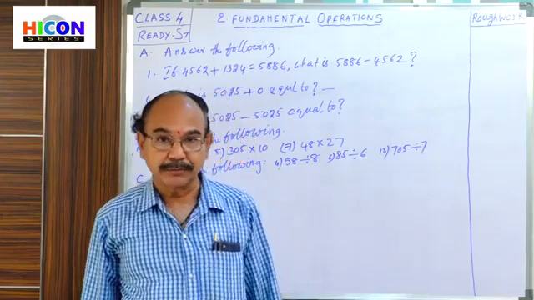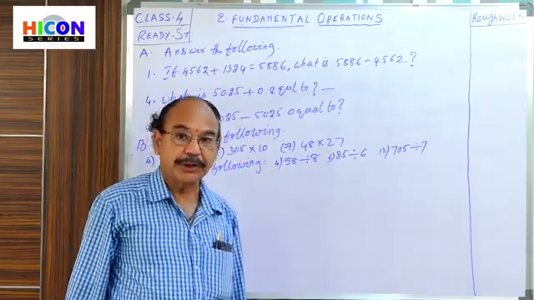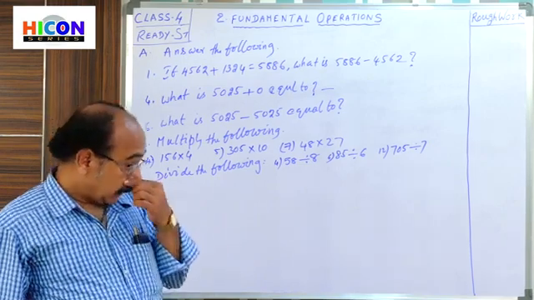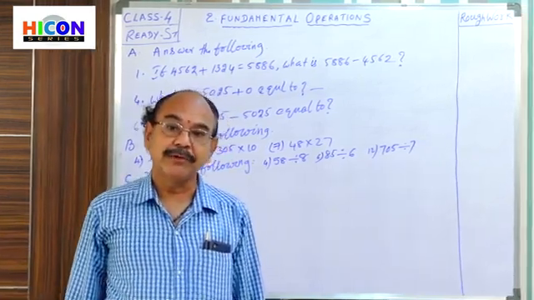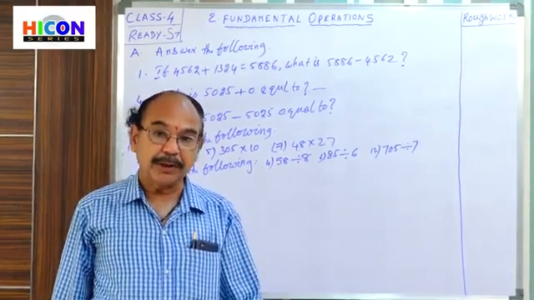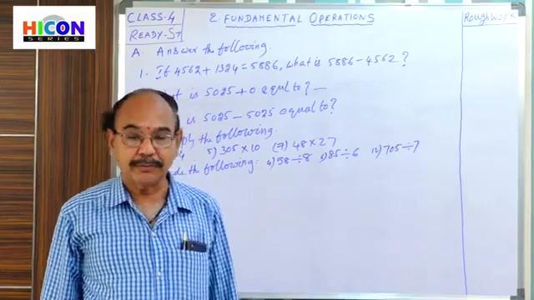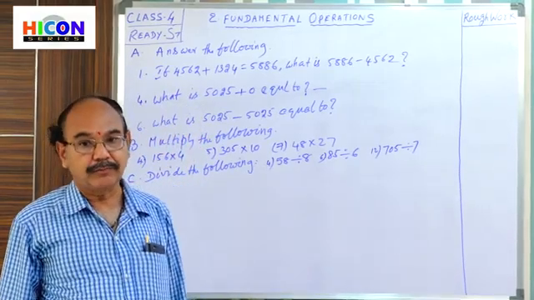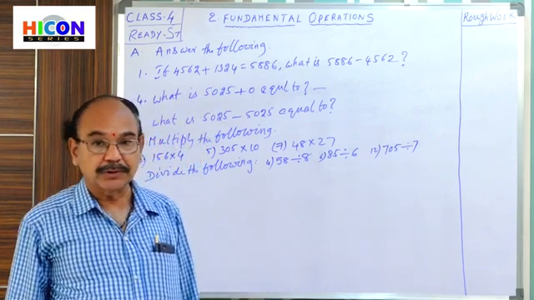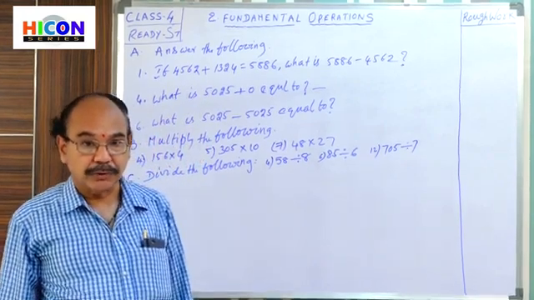Writing the numbers in ascending and descending order, and writing the place value and face value of a particular digit in the given number, and what is less than and what is greater than, that also we discussed.